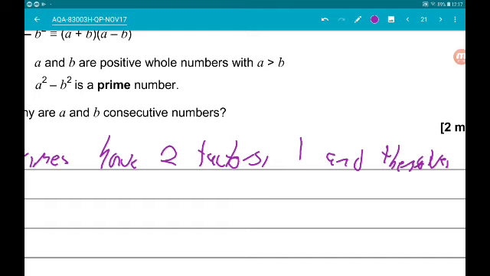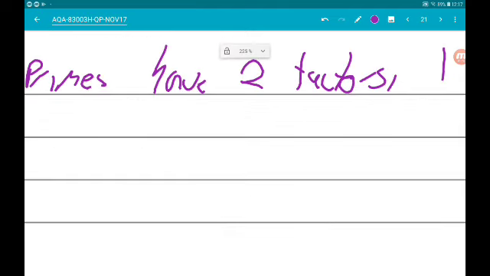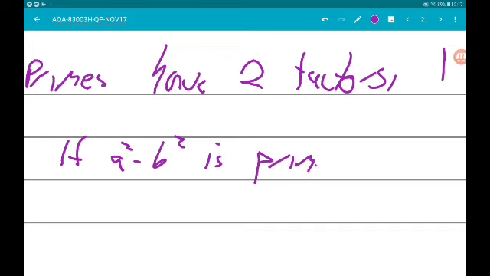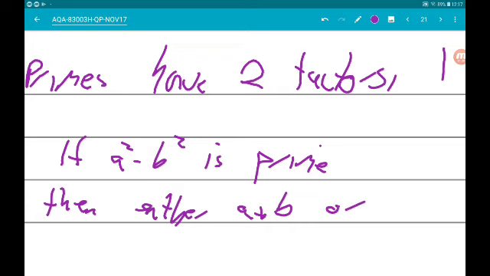So, if a squared minus b squared is prime, then either a plus b or a minus b has to be 1. So a plus b and a minus b are the factors of a squared minus b squared.